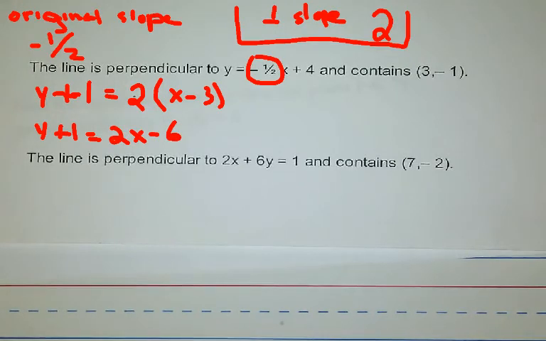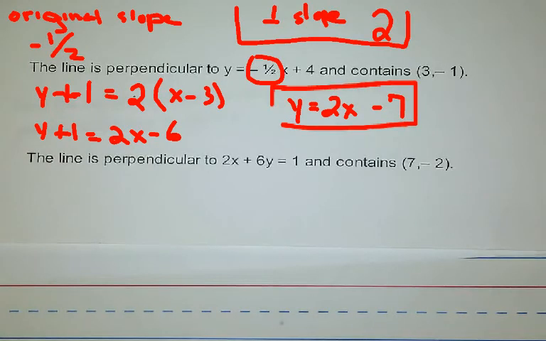So all I have to do is subtract 1 from both sides. What's the equation? Oh, you tell me. Minus 1 would be negative 7. This is the line that's perpendicular to the original line, and it goes through this dot. Right? Coolness! Let's try it again.